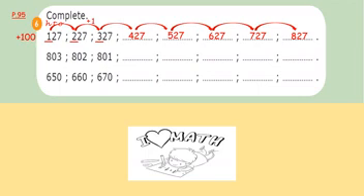803, 802, 801. Look at the hundreds digit. It keeps 8. It didn't change. Look at the tens digits. It keeps 0. It also didn't change. Look at the ones digit in each of these 3 numbers. It starts with a 3, then becomes 2, then becomes 1. So it moved backwards.